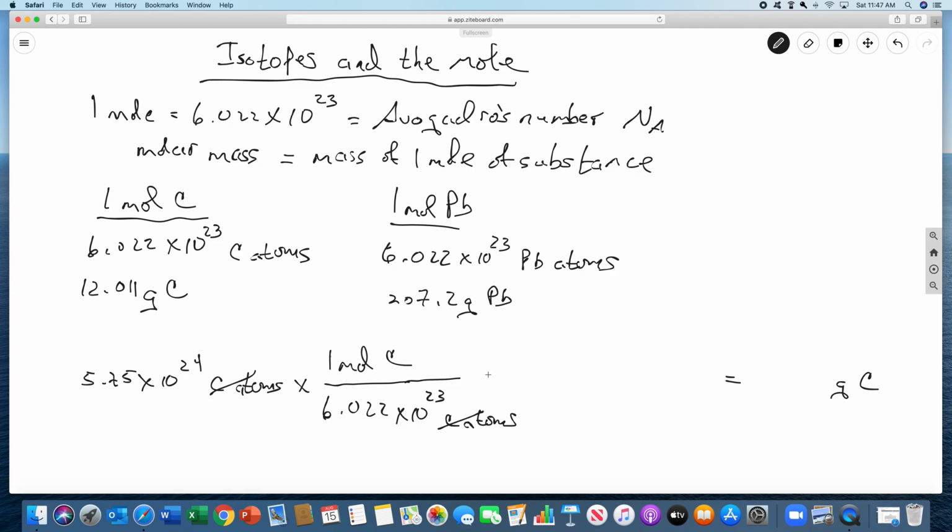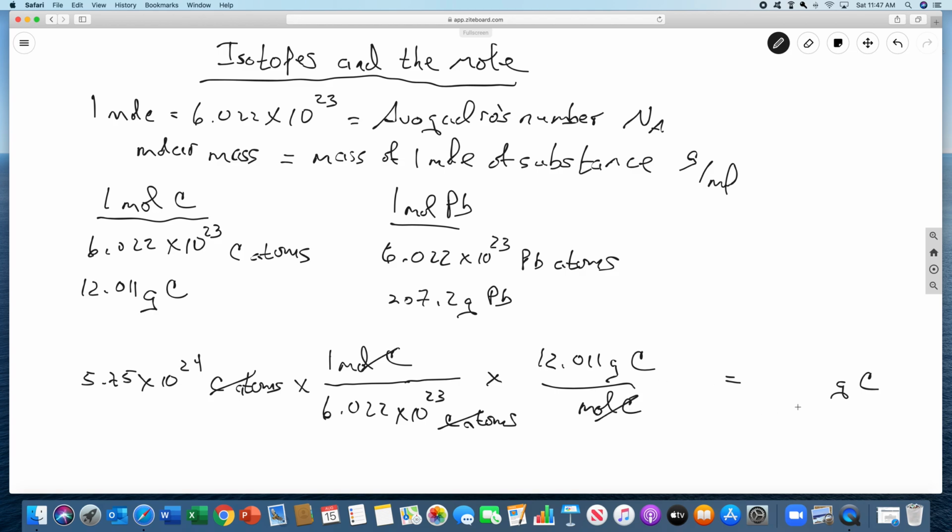So the process of canceling units and being very diligent, not just writing moles, but moles of what? And then I would use 12.011 grams of carbon per mole of carbon. So molar mass is always in grams per mole. Right? And you see how the units are going to agree. Moles will cancel, and I get grams.